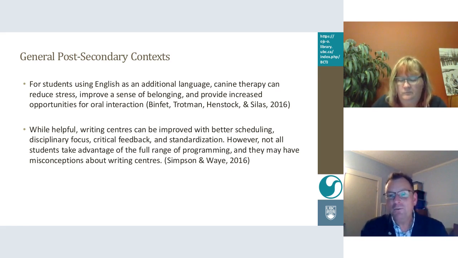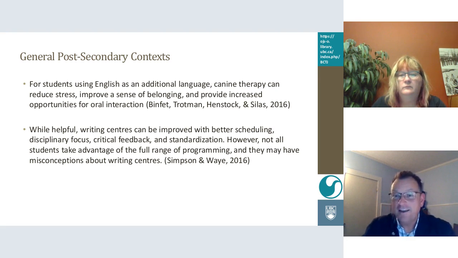And why? Well, the dogs seem to act as a social lubricant, because when there's a dog there, it was a good reason to chat with someone. English language learners might not want to chat with other people on campus, but when there was a dog, it was a good reason for people to talk with each other. And as we know, interaction is an engine for additional language learning.